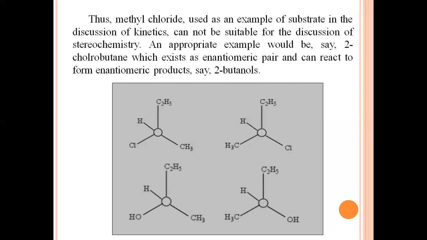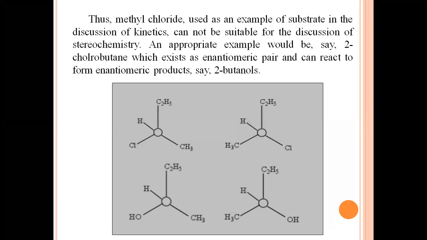An appropriate example would be, say, 2-chlorobutane. Below, the structure is already given, which exists as an enantiomeric pair and can react to form the enantiomeric product, say, 2-butanol. So 2-chlorobutane is the right choice.